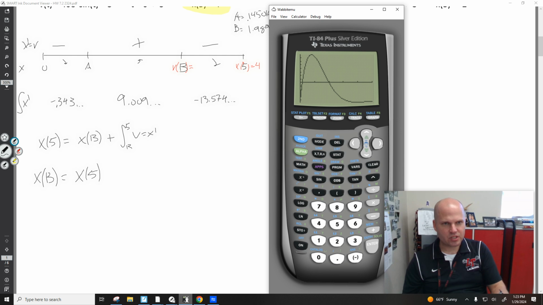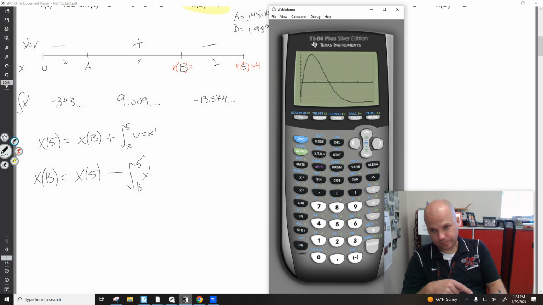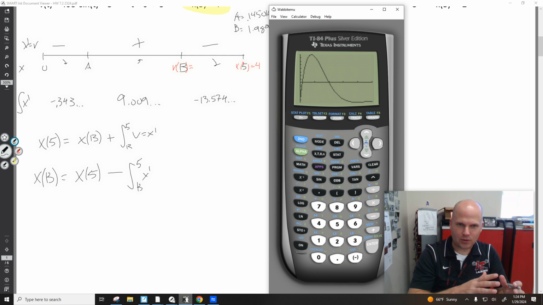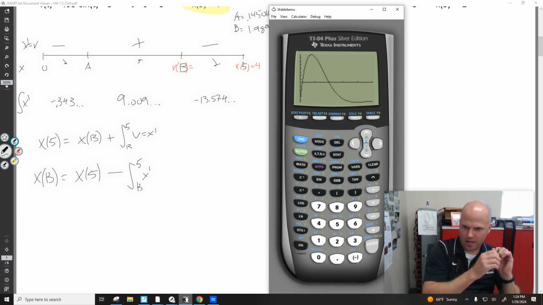I have my position, but I need to subtract this negative displacement. You'll find how in the future you could switch the way these numbers appear and it will take you backwards. It will tell you that you'll go plus 13.574 to figure out where you came from.